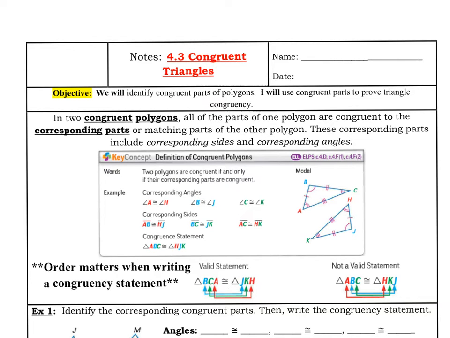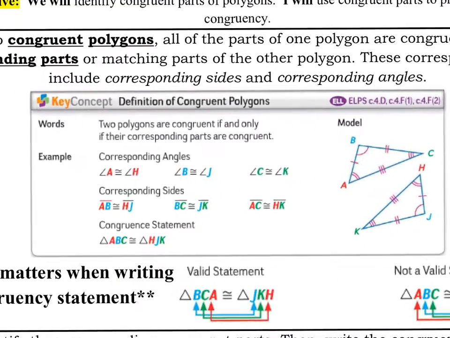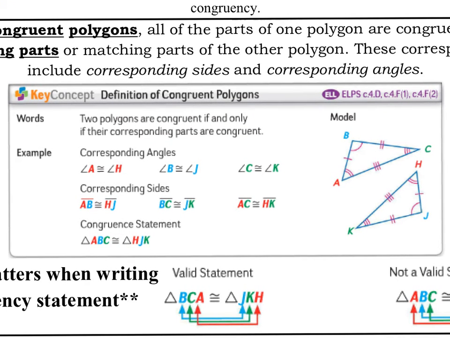And so you would conclude your statement by writing a congruent statement. In this example here, it says triangle ABC is congruent to triangle HJK. It doesn't matter the order that you use for the first three letters for the first triangle you mention, but whatever order you use when naming your triangle, it's got to match the corresponding parts of the other triangle.